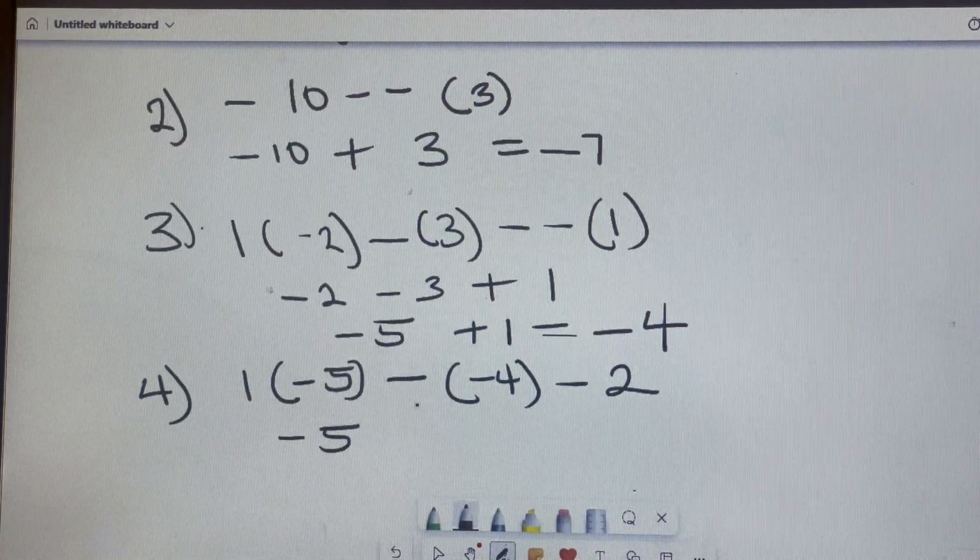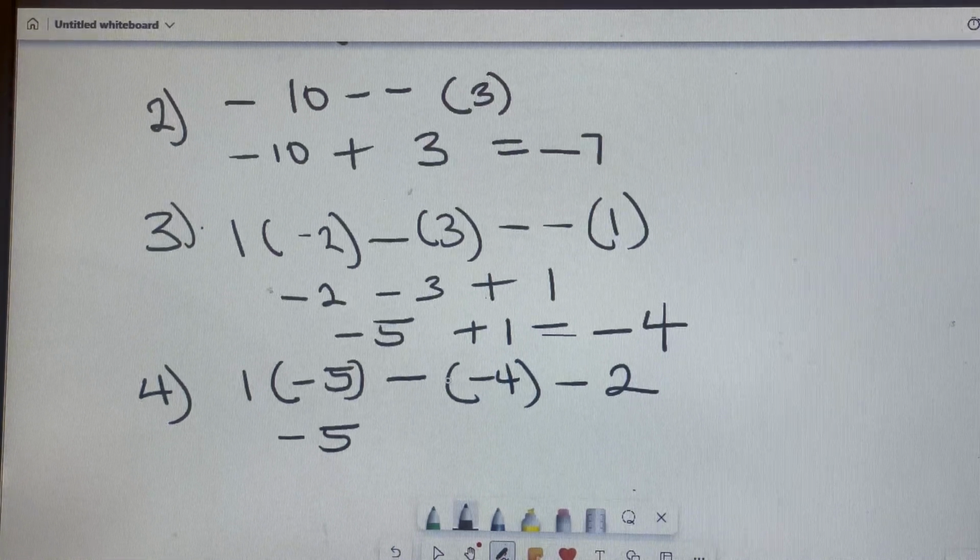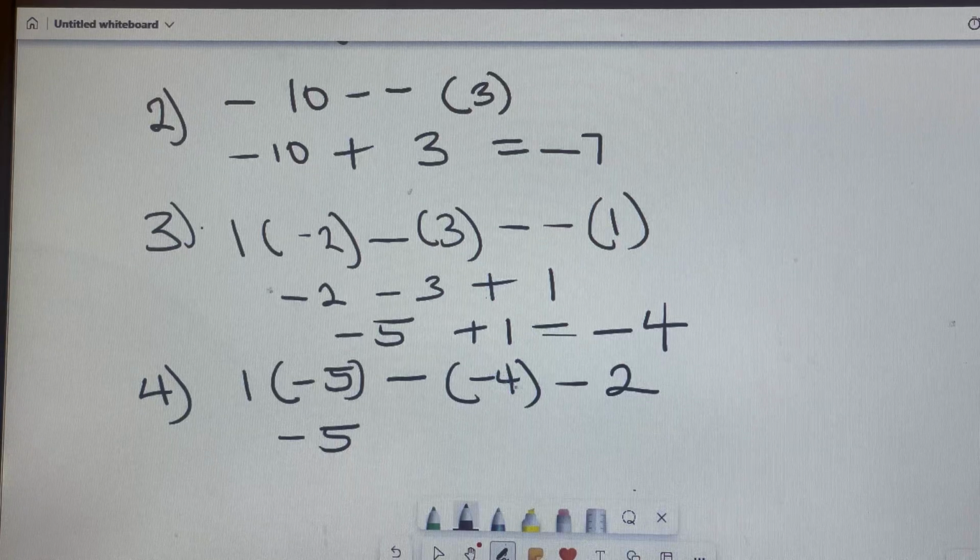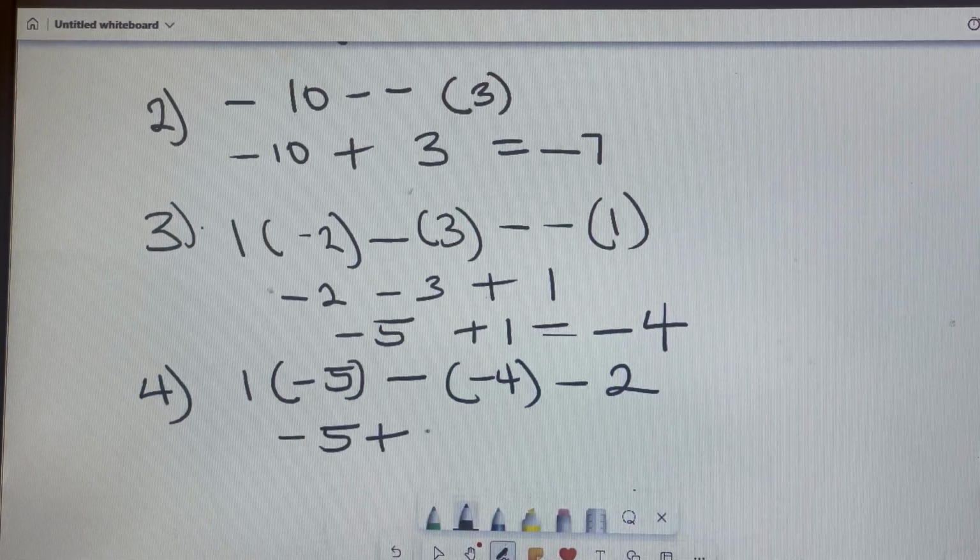Then, whenever you don't have any number in front of a bracket, just assume 1. So negative 1 multiplied by negative 4 is positive, because when you have two numbers that have the same sign in the multiplication or division rule, you know that it's going to be positive. So we have positive 4.